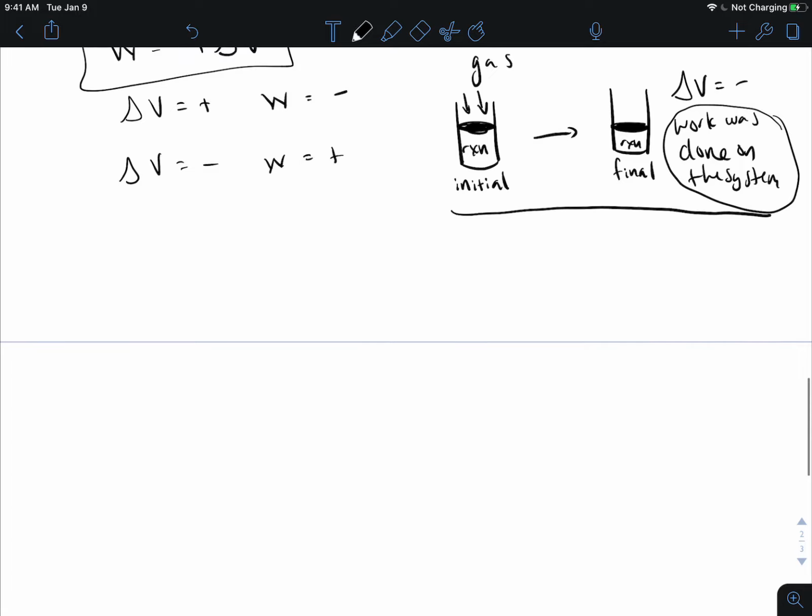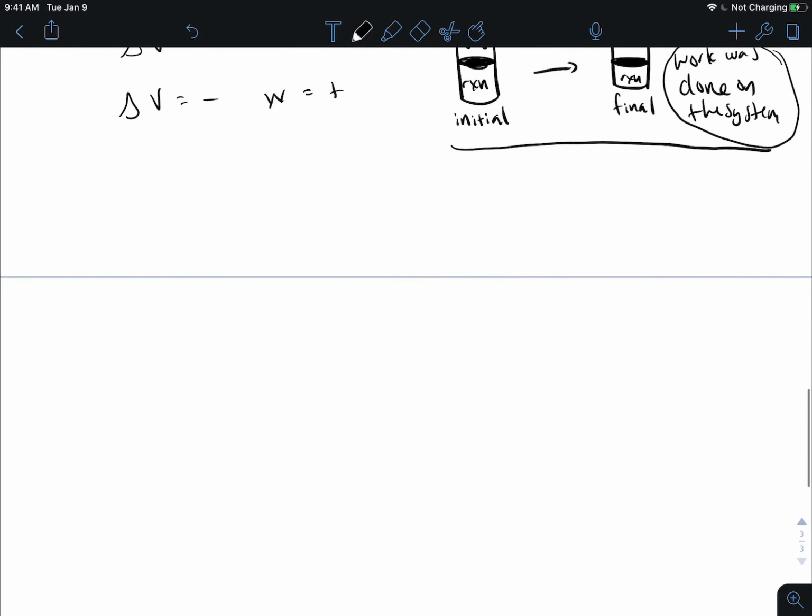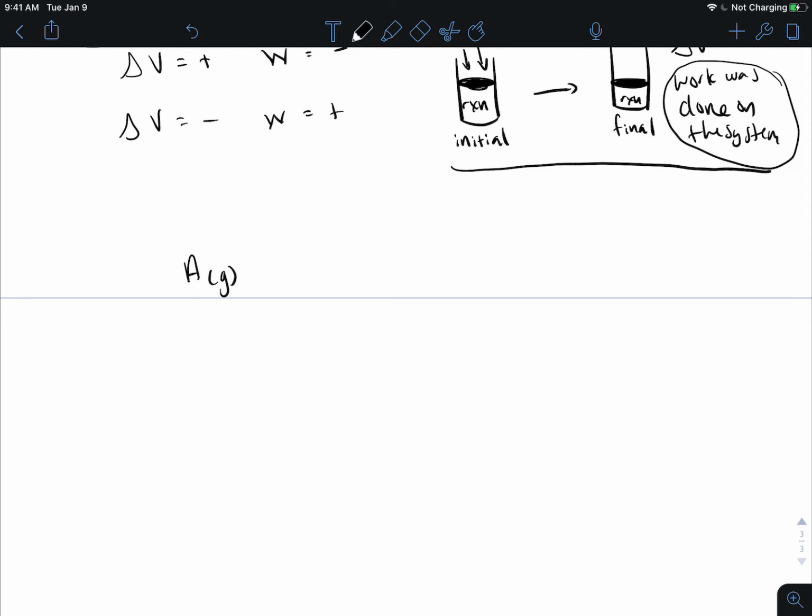Okay, so let's see how we're doing so far with thinking about signs for work and heat. Let's say we have a reaction. We have A plus B, they're both gases, and they combine to produce C, which is a solid. And this reaction is in a piston like we see up here.